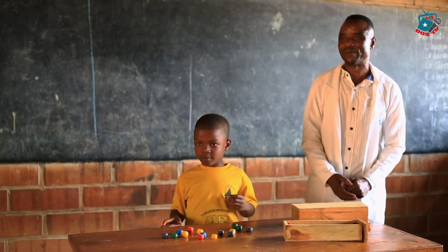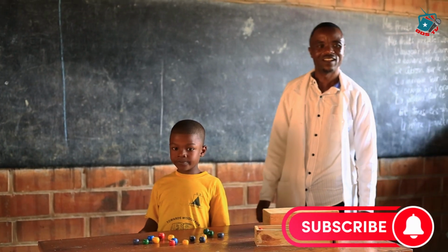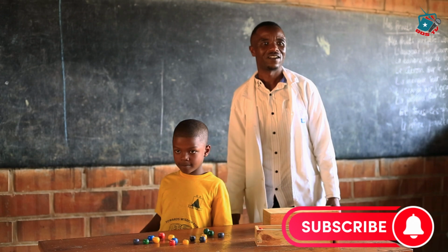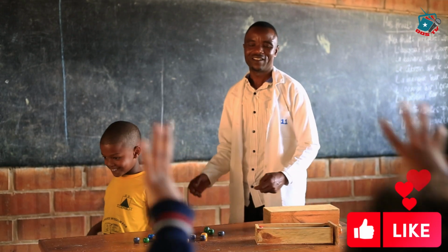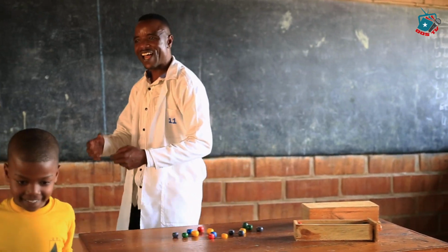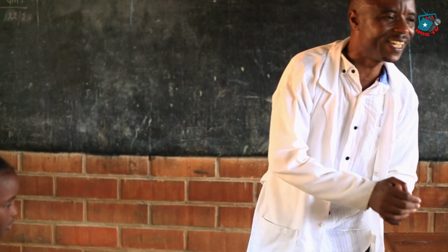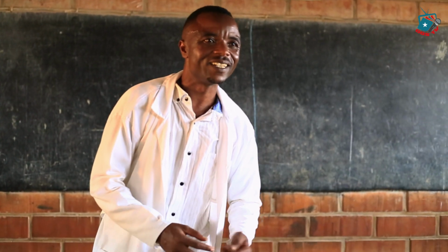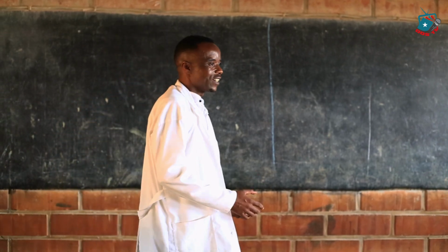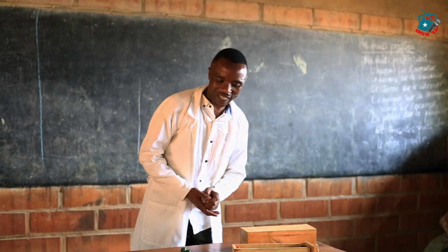Clap for him. 1, 2, 3, 4. It means that 3 times 5 equals how many? 15. Good. 3 times 5 equals 15.